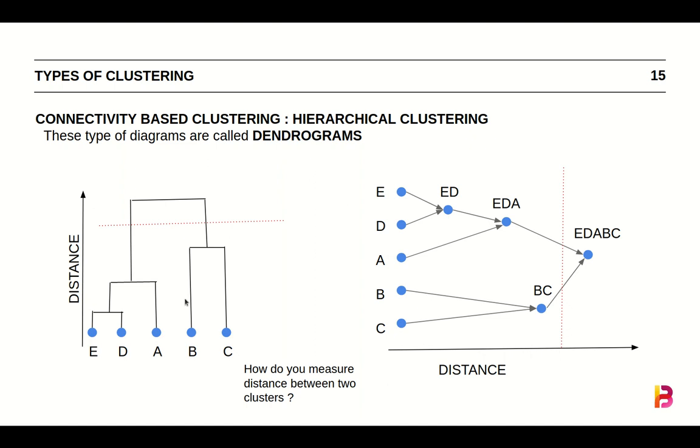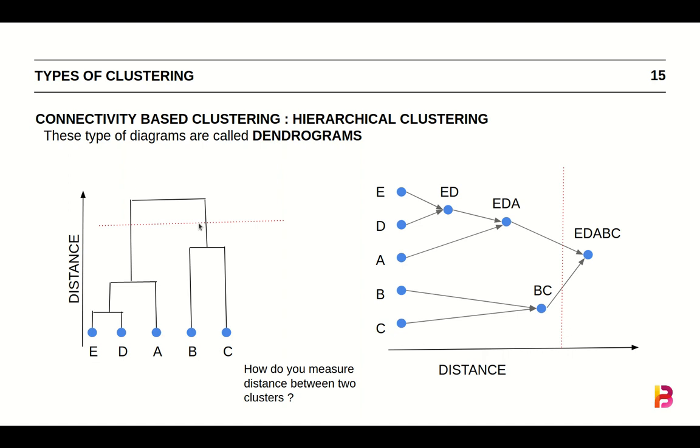So let's say once this tree is formed, we want to find two broad clusters. I can put a cut here, just like I have done with the red line, and I have two broad categories. This cluster here would be a combination of B and C. This cluster here would have E, D and A. So we have two clusters here.